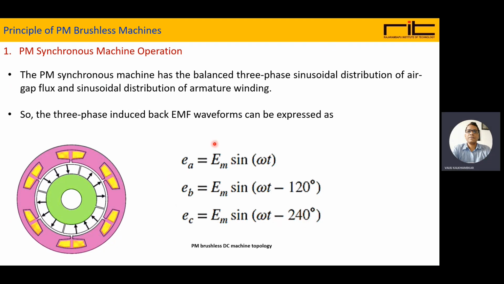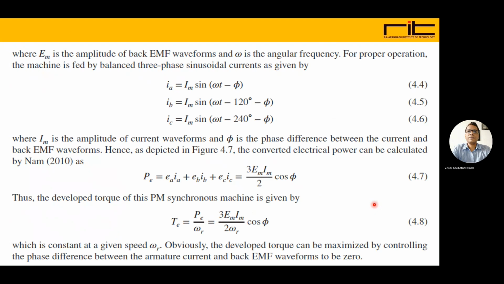So this is the three-phase distribution of the air gap flux. Now Em is the magnitude of the back EMF waveform, and omega is the angular frequency, as we know. For proper operation, the machine is fed by balanced three-phase sinusoidal currents as given by the equation. To get this EMF, the current fed is sinusoidal.